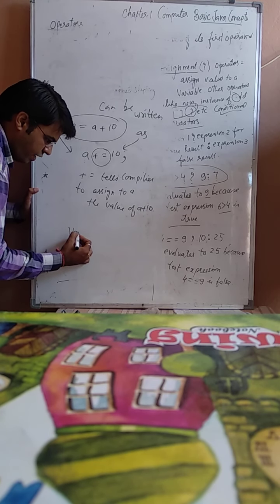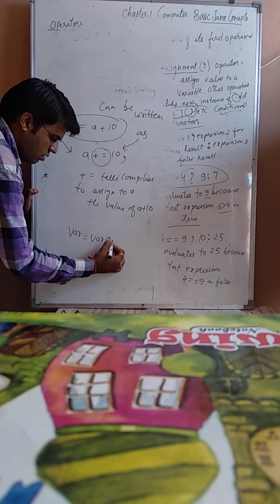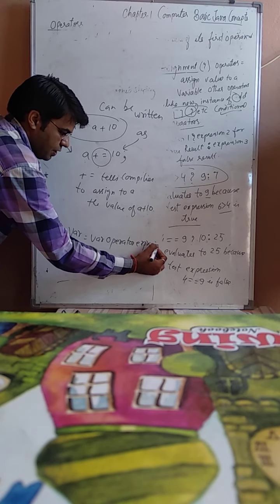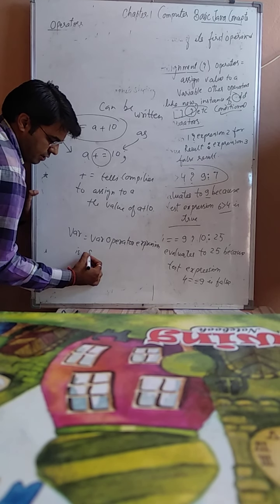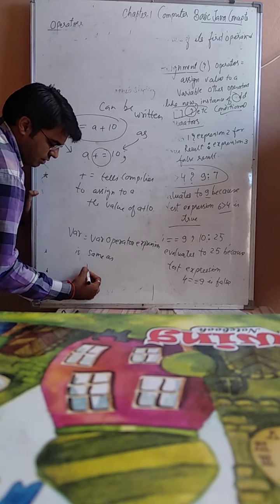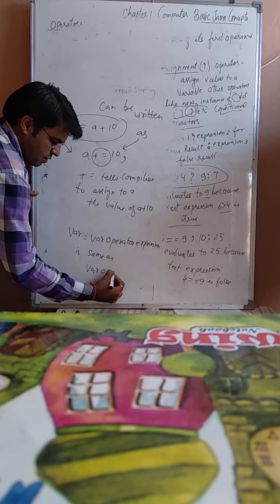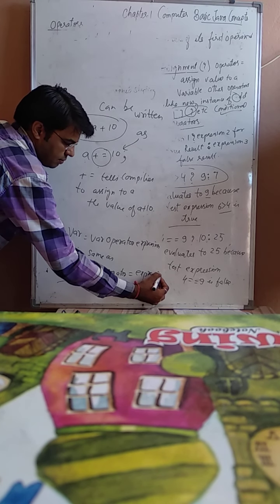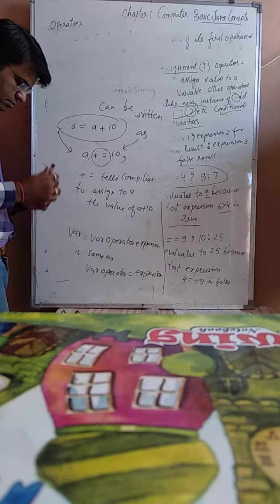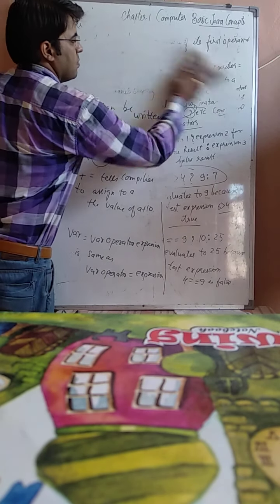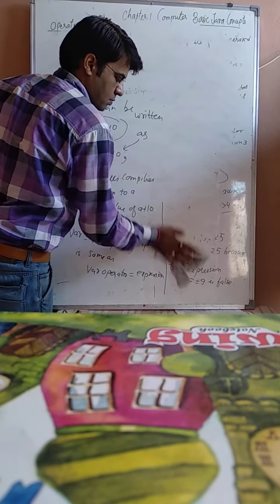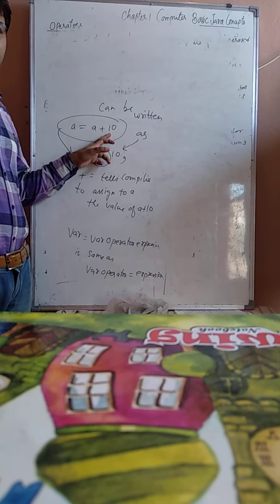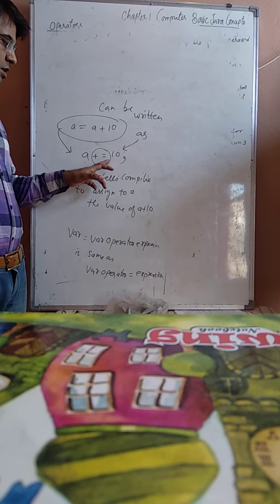For binary operations, it means that variable equal to variable operator expression is the same as variable operator equal to expression. Got it? It means that a equals a plus 10 can be written as a plus equal to 10.